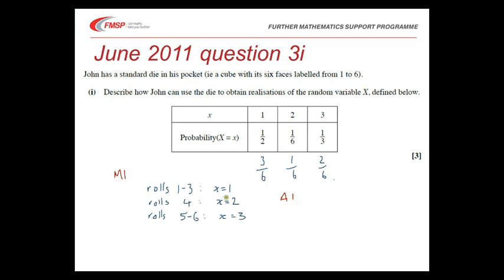And a second accuracy mark if you associate them correctly, that 3 of them are here, 2 are there and 1's there. It's worth saying we could have said rolls 4 to 6 here, and rolls 3 and rolls 1 and 2. As long as we had 3 outcomes here, 1 there and 2 there, it would be a correct answer. Now that is correct and it would get you the full marks, but we'll see in the next question that it's often easiest to go for the most conventional approach and make it easy for the examiner to mark.